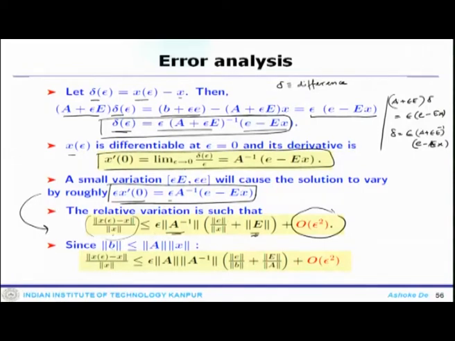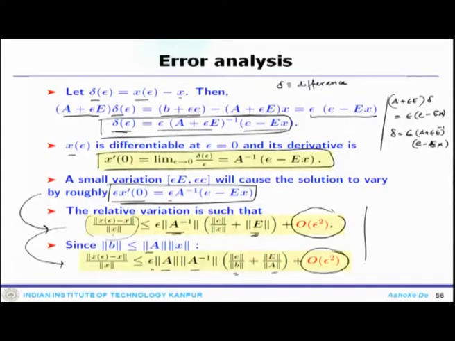One condition which is satisfied here is that the magnitude of small b is less than or equal to the norm of A and x. So, I can rewrite this expression: the relative variation is less than or equal to epsilon times A inverse, E by A, E by b, plus order of epsilon square.